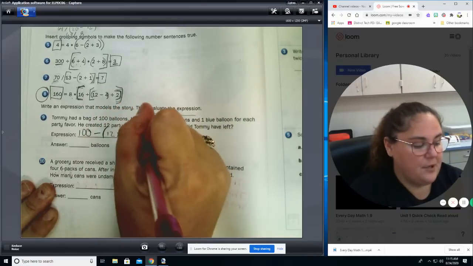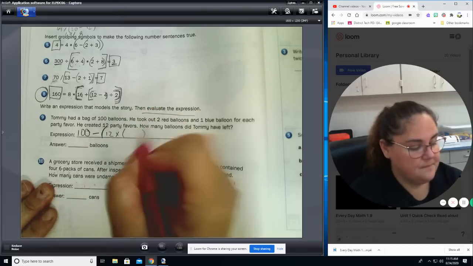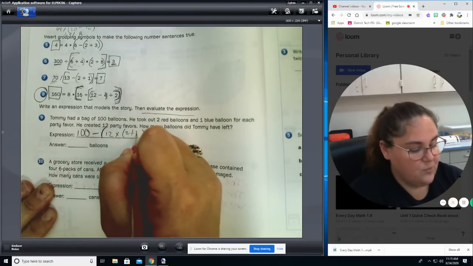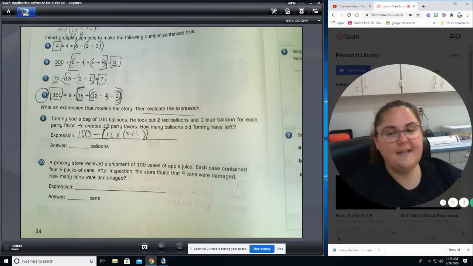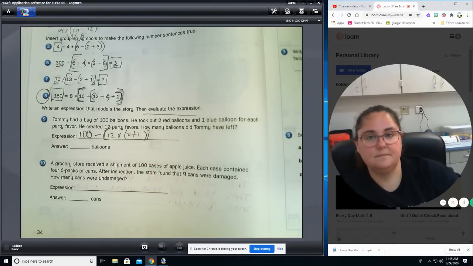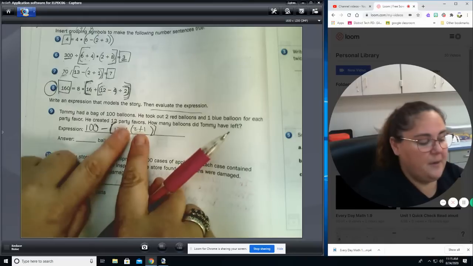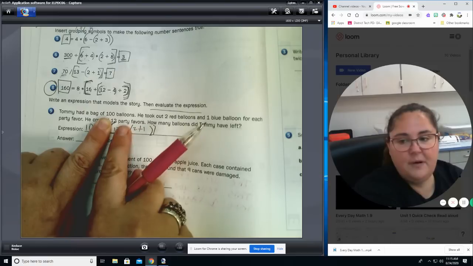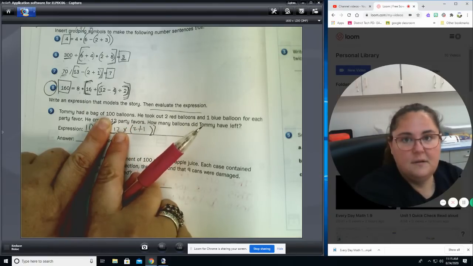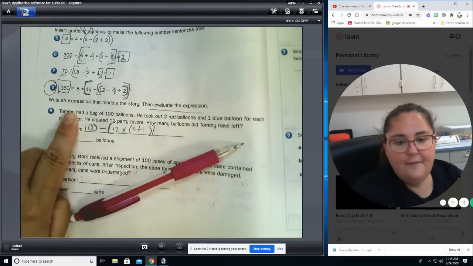How many balloons are in each party favor? 2 plus 1. That's how you would do this problem. Start with how many party favors there are. 2 plus 1. Multiply that by the number of party favors there are, and then subtract that from the total.